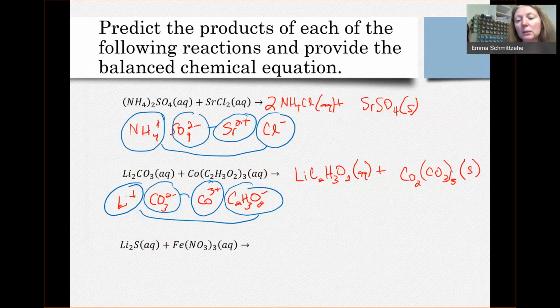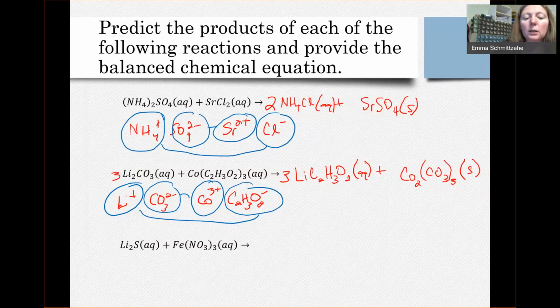And then we need to balance the reaction. We need, let's see, 3 carbonates. We need 3 of the acetates. And then that makes 6 lithiums. Well, I'm going to go back. I jumped around kind of crazy here.